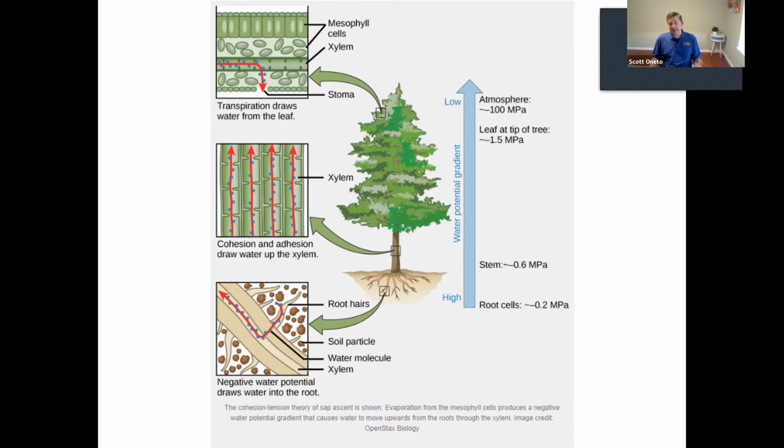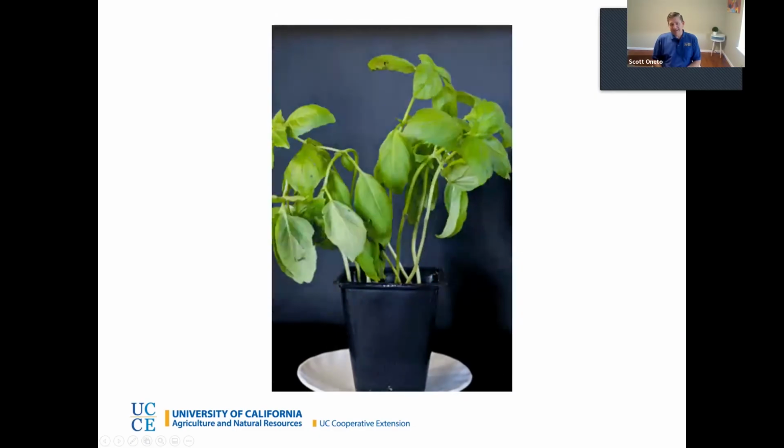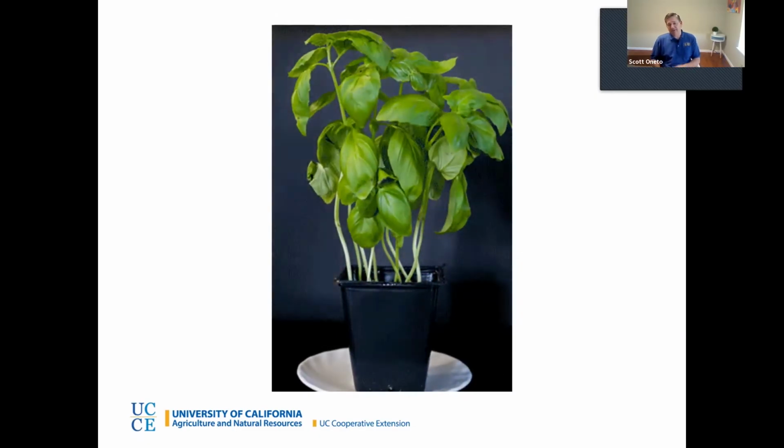There's equipment that can be used to measure the water potential gradient, and determine whether or not a particular plant might need irrigation.